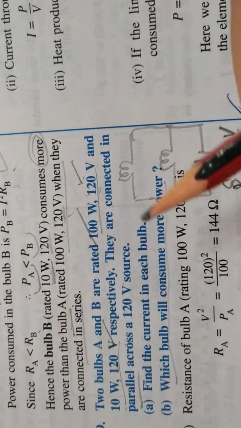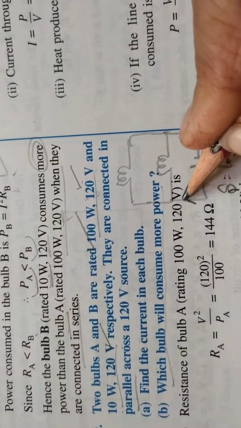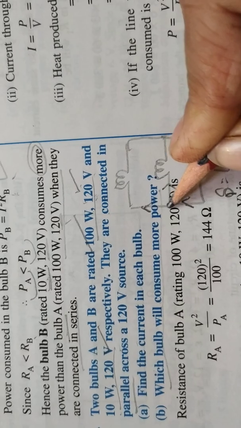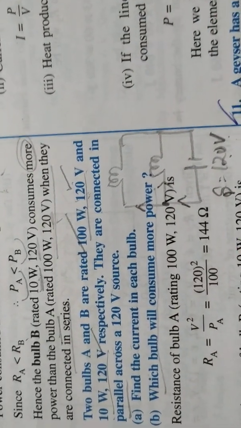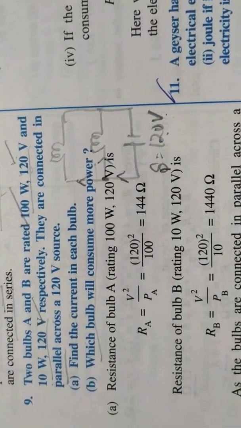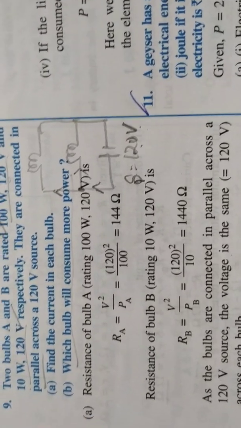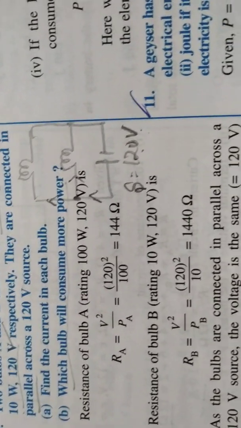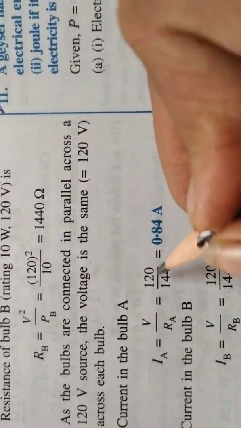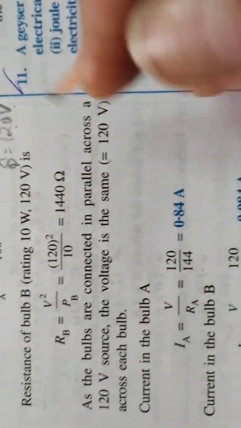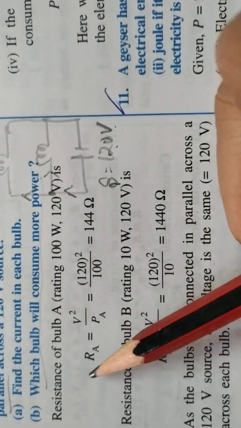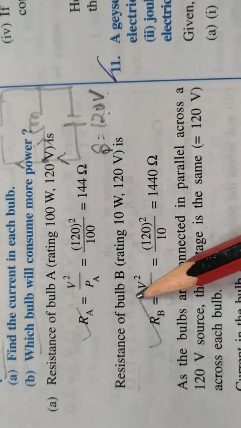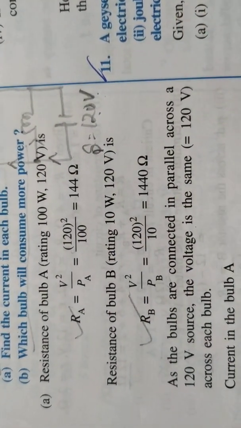Then current, we know that the current gets divided in a parallel combination. So how to calculate current? Current will be calculated by using the formula V is equal to IR, but for that you have to first calculate RA and RB again, like we have done in the previous problem.